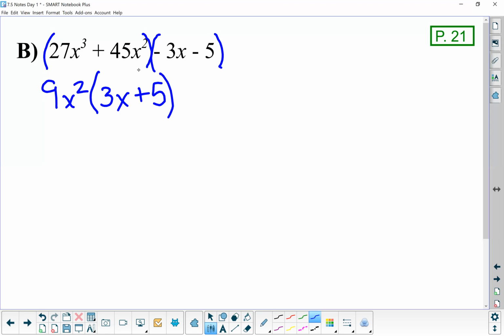In my second group, it looks like the only common factor there is 1, but again, we have that negative. So we're going to factor out a negative 1. And then we have 3x plus 5. We have that 3x plus 5 in both cases.